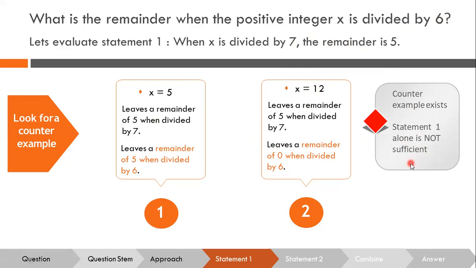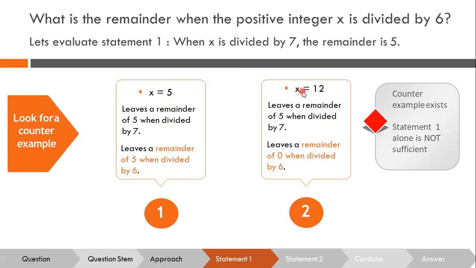From these two examples, from this discussion, we say that a counterexample exists. If you are considering x is 5 and dividing by 6, you are getting the answer 5.